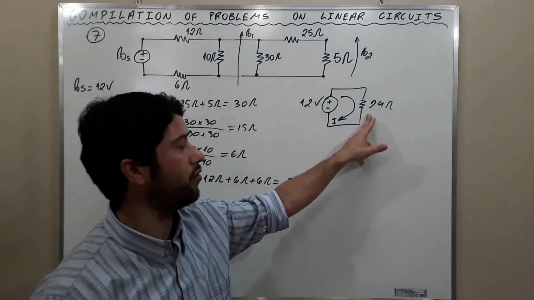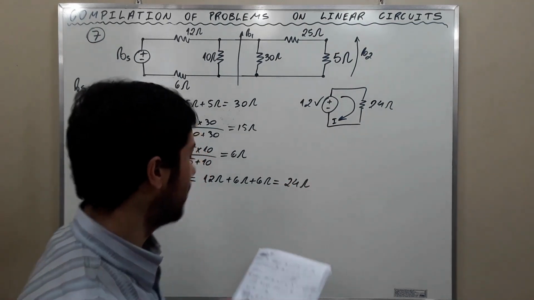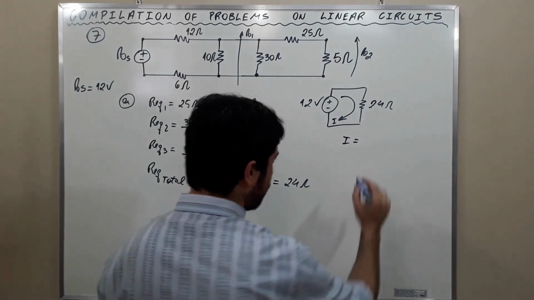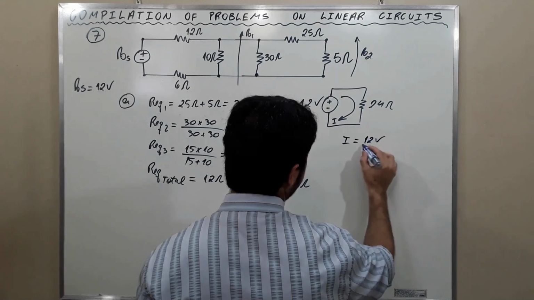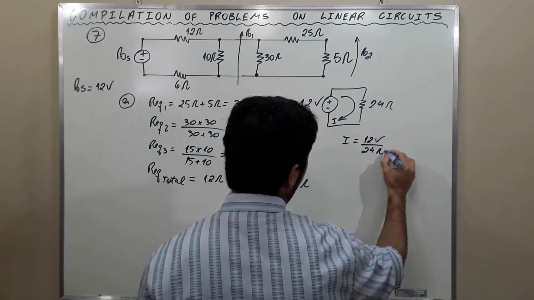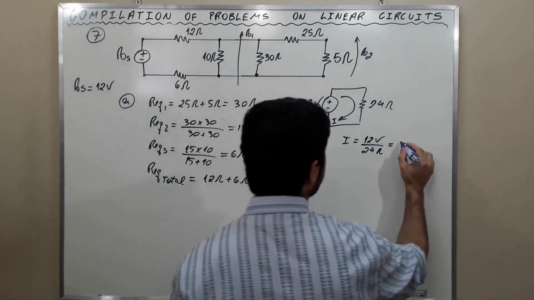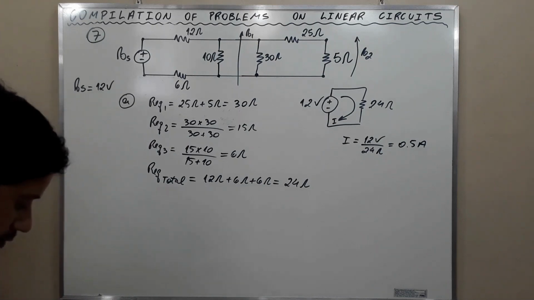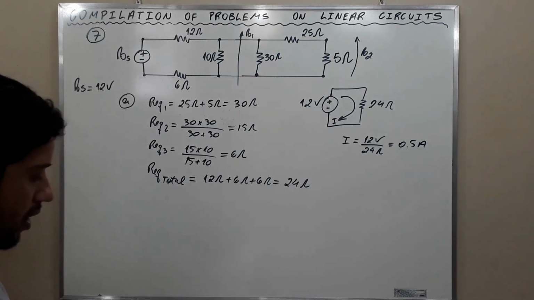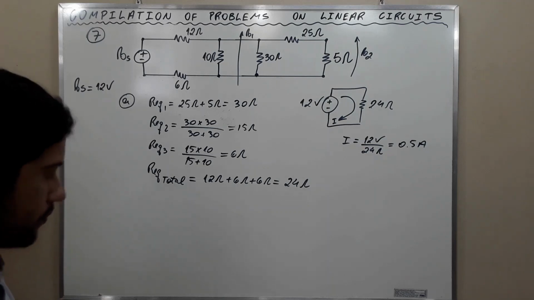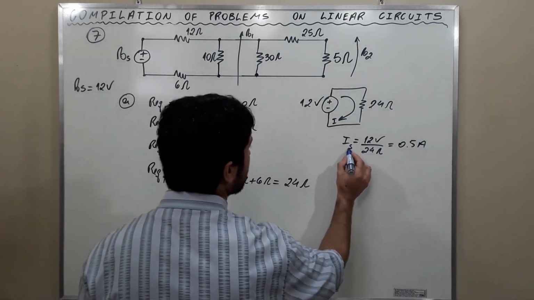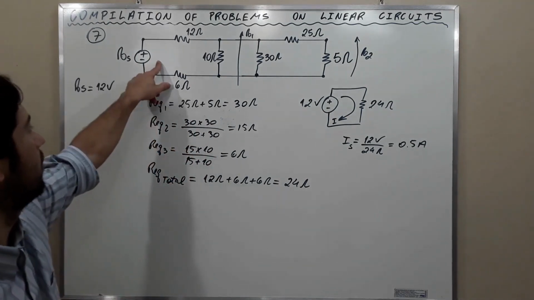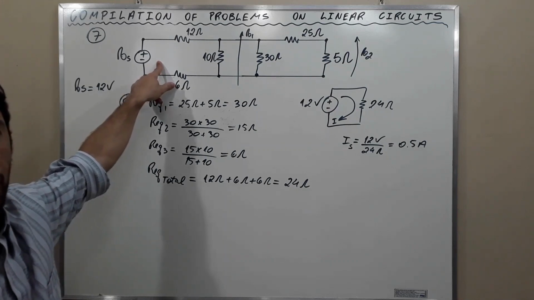And the equivalent resistance is 24 ohms. The current is therefore equal to 12 volts divided by 24 ohms. And this is equal to 0.5 amps. Alright? 0.5 amps. This is the current of the source. The current that the source delivers.